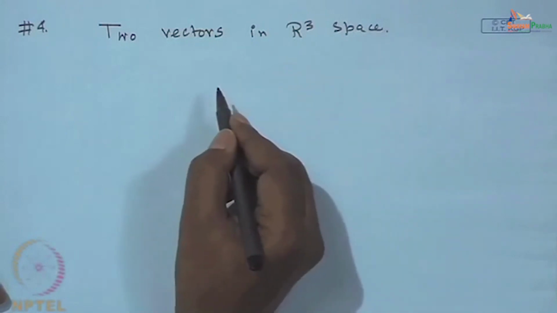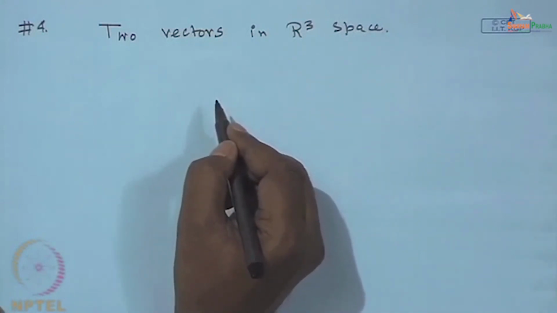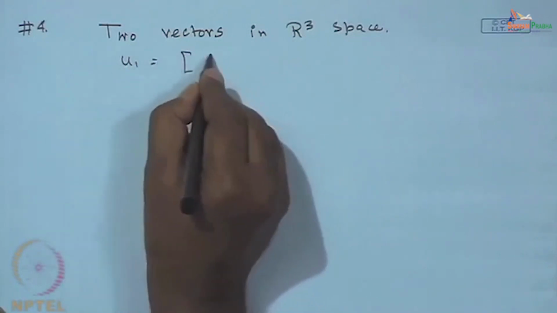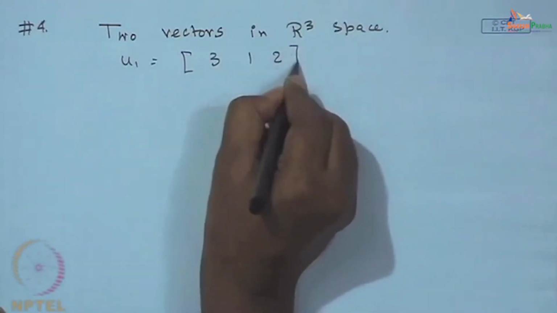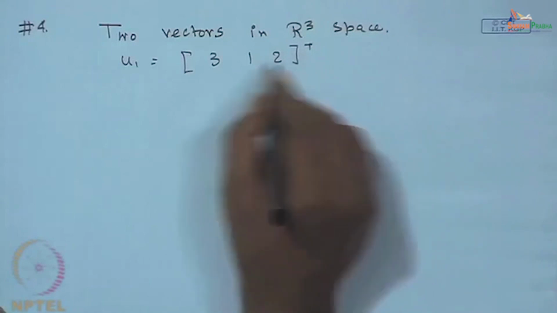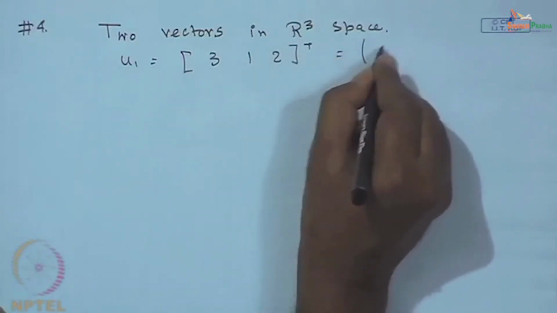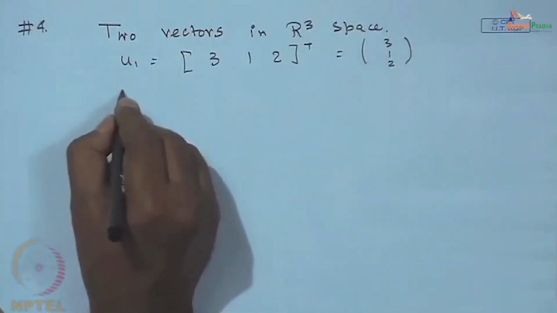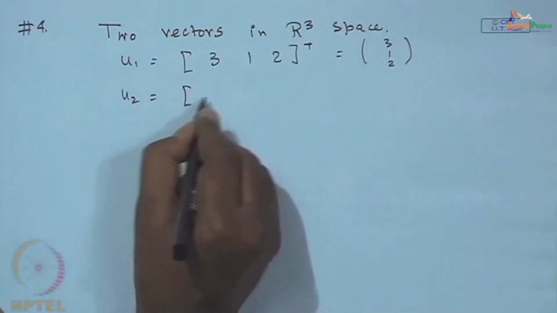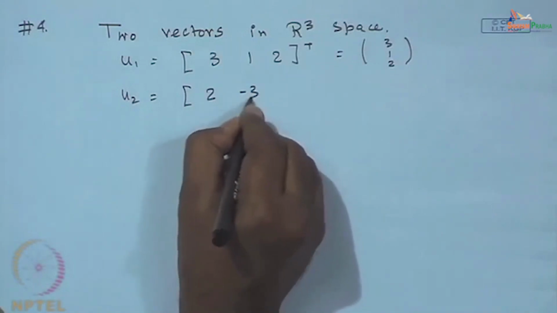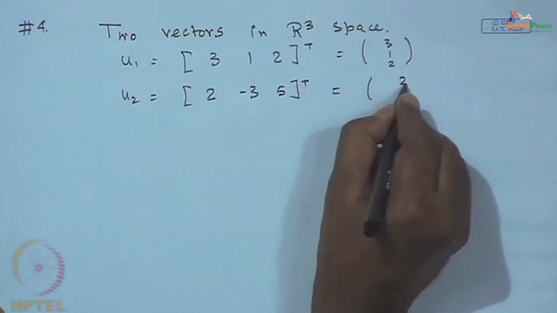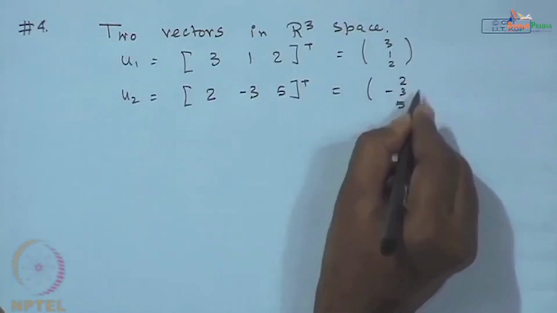That means each vector will contain 3 elements. Let us say u1 is (3 1 2) transpose, which is the same as 3, 1, 2, and u2 is (2 minus 3 5) transpose, which is 2, minus 3 and 5.